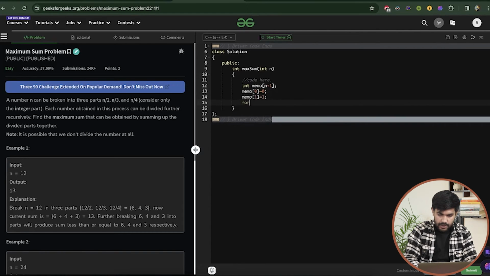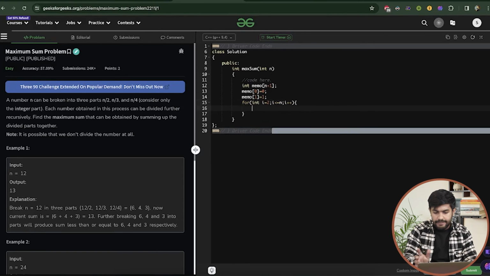Then for int i equals 2, i less than or equal to n, i plus plus, dp of i is equal to max of whatever is already there, and we have the lower values already calculated, so we don't need to worry about that. dp of i, dp of i divided by 2 plus dp of i divided by 3 plus dp of i divided by 4.